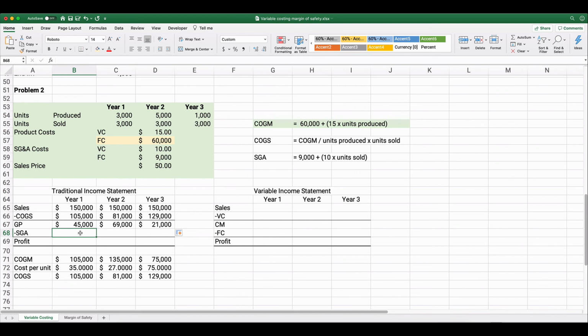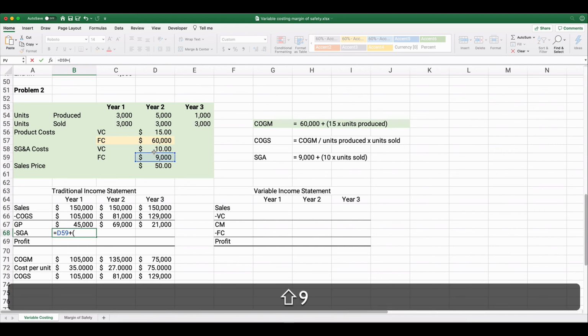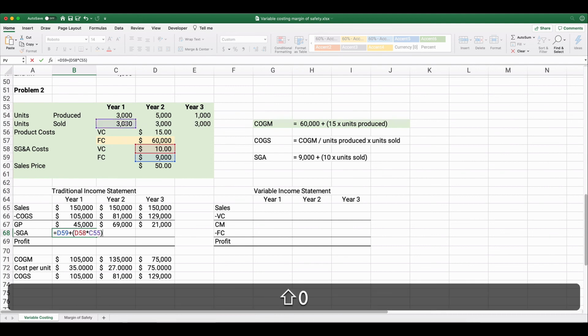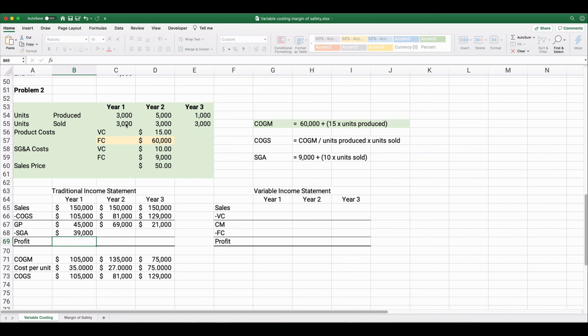We'll have SG&A. SG&A is going to be the 9,000 plus the $10 times the 3,000 that we sold. That's going to be the same number all the way across. We'll just point to the 39,000.